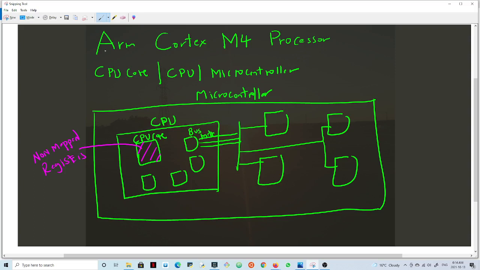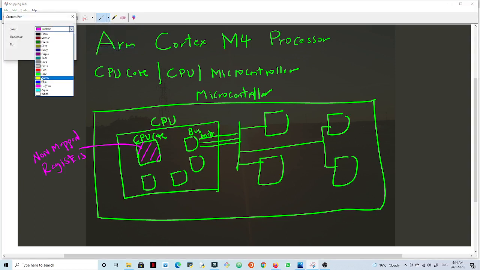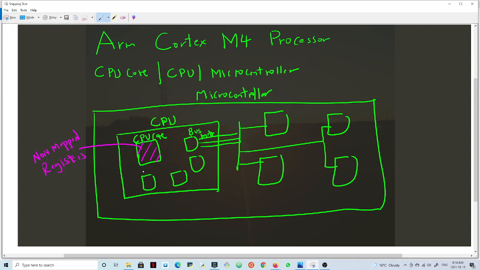Whereas, let us see these other points here, like this associated peripheral here, all of this, they would have addresses, right, supported by registers.